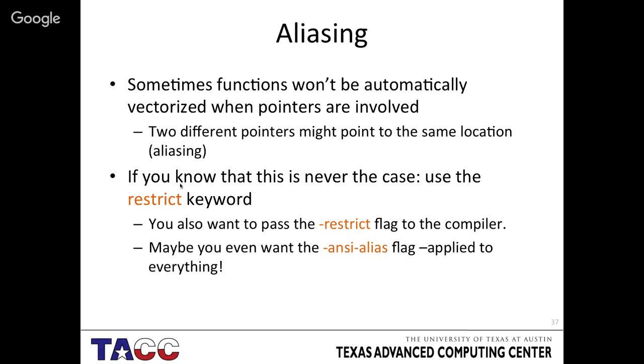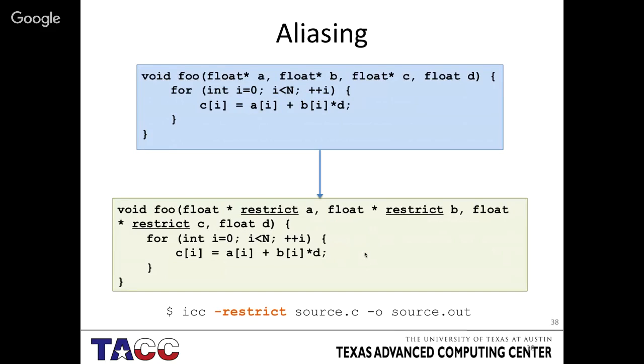When you have calls to functions, you can specify that it is restricted to no aliasing, and there's actually a compiler option called ansi-alias, which says there's usually, or only for specific cases, any aliasing that might go on here. And that actually helps the compiler make sure that it's valid to go ahead and vectorize this.